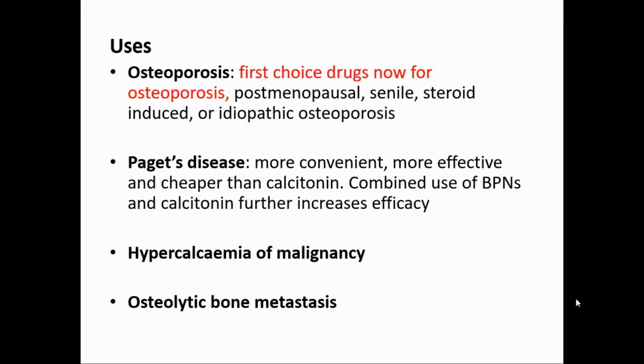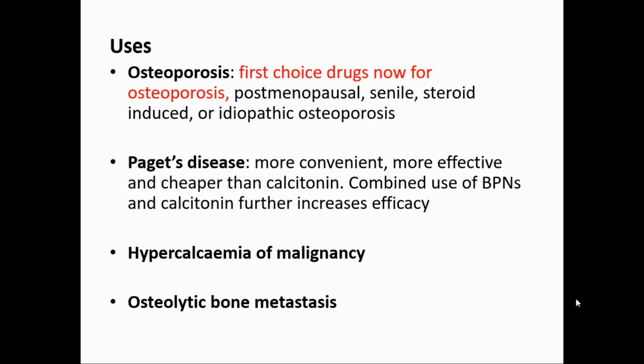So usually calcitonin is given first and then followed by the administration of bisphosphonates. The combination use of bisphosphonates along with calcitonin increases the efficacy in the treatment of Paget's disease. And bisphosphonates inhibit the bone resorption process in Paget's disease, so they are used as the drug of choice in its treatment.